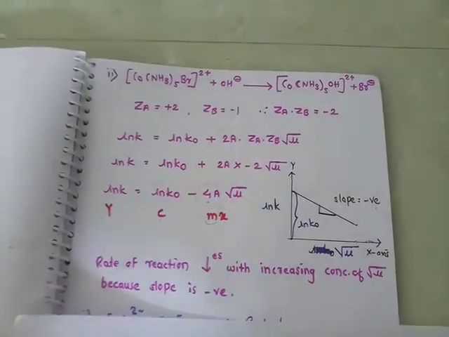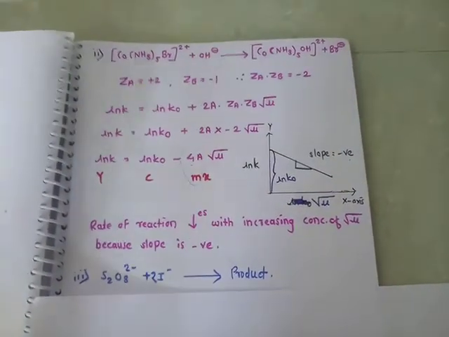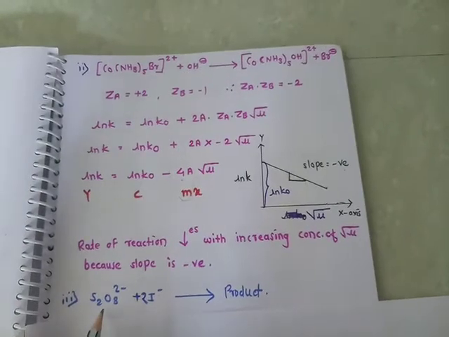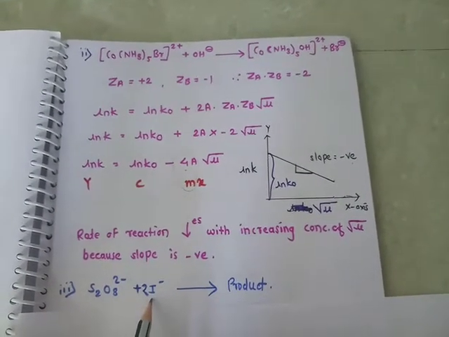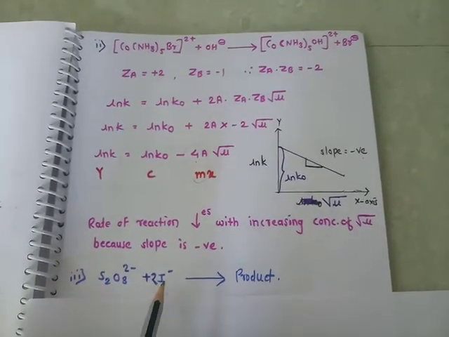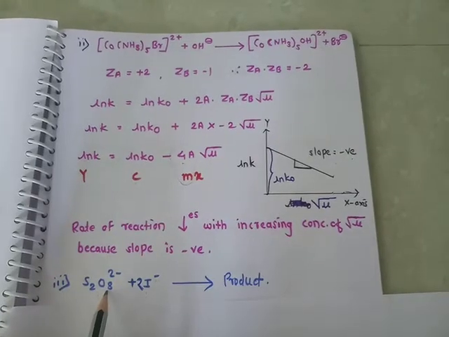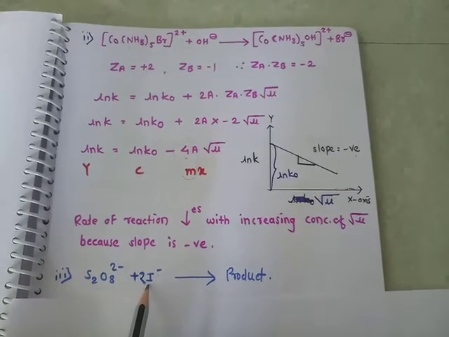Now I am going to the third reaction, that is iodometric reaction. Now I am considering this is A species and this is B species. The charge on A species is -2 and charge on the B species is -1. So ZA is equal to -2 and ZB is equal to -1.